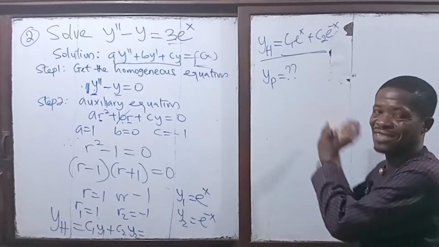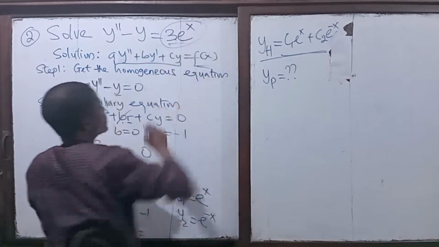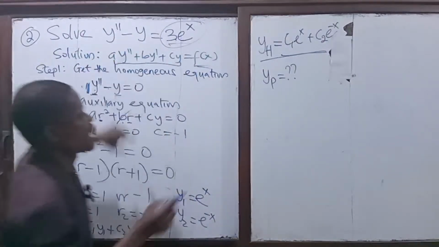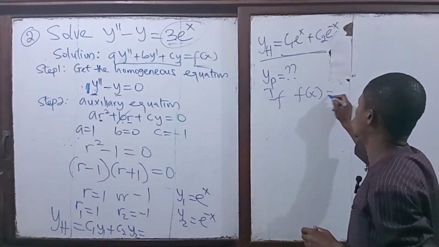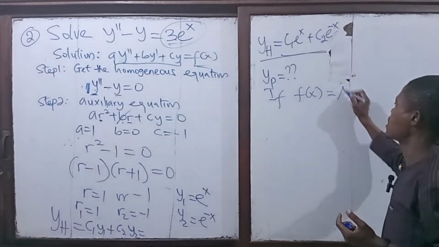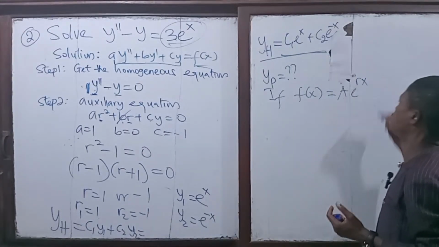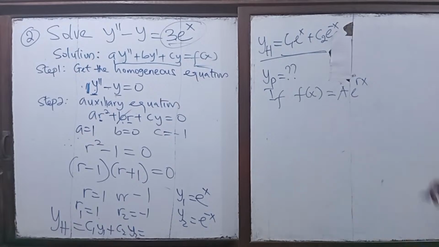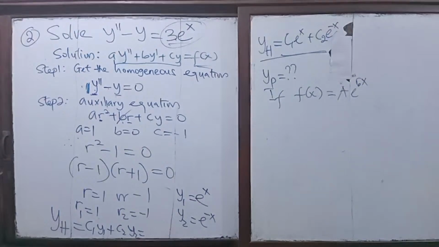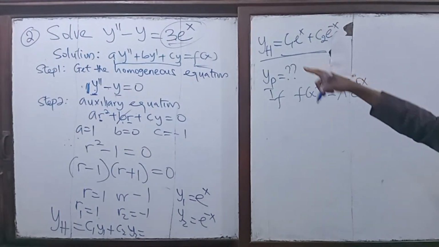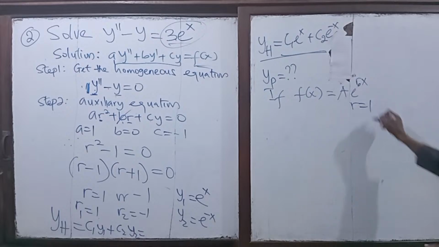Which will be the right hand side. This is your f of x. And we have said in our note that if f of x is equal to e to power r0 x, in this f of x, our r in this question is 1.